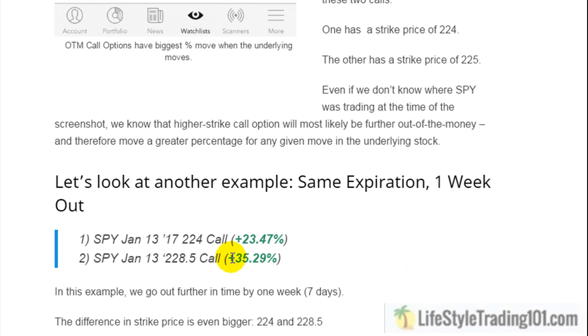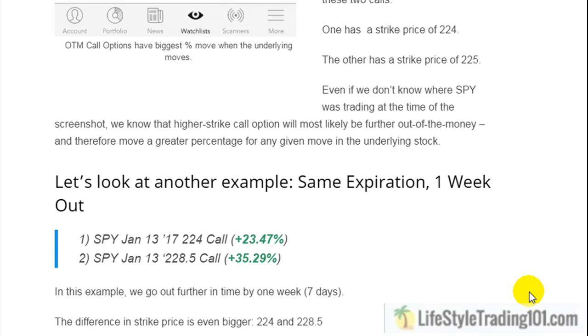So another example is when we go 1 week even further out. So these are considered 2-week options, right? So, you have a 224 strike call and a 228.5 call. So now we have a wider difference in the strike price. The difference is 35% versus 23% in terms of changes for that day.